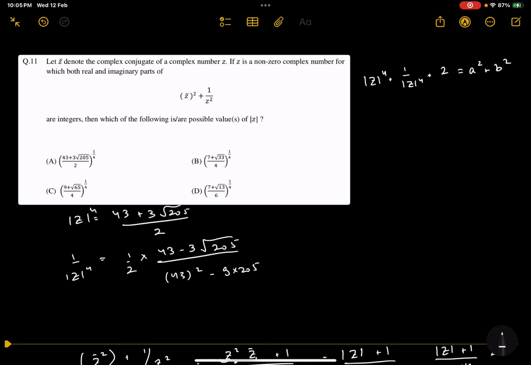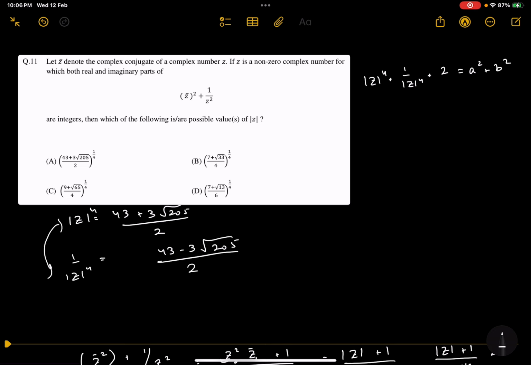So 43 squared is 43 into 40 is 1720 plus 129, 1849, and this becomes 1845. So this minus this is 4. 2 times this is 4, which becomes this by 2.